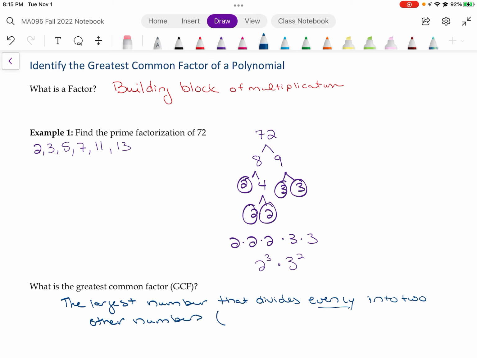And it is the largest. In other words, it is the largest factor they have in common, which is why we call it the greatest common factor. Largest, greatest, means the same thing.